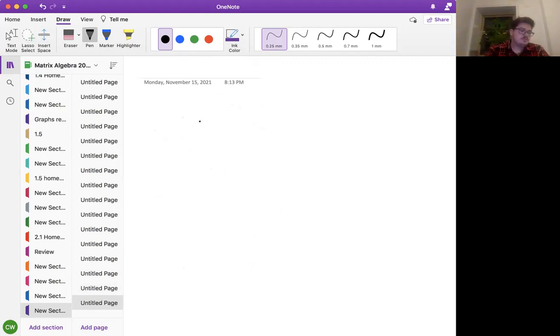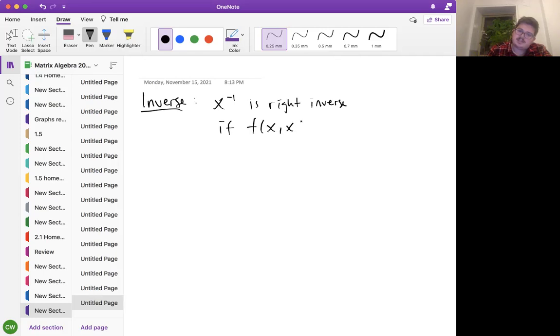Let's do inverse. Okay, so it's a right inverse if f of x, x inverse is equal to the identity.